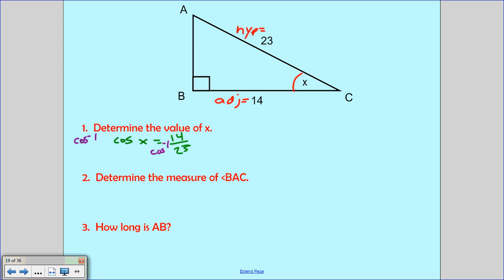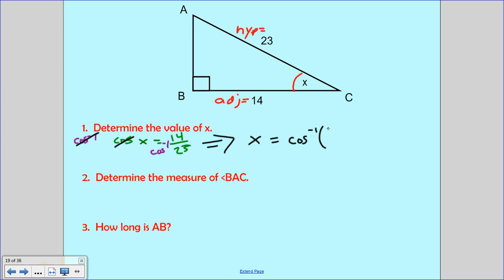You'll learn a little more about that in algebra. So the cosine inverse cancels out cosine, leaving you only with x on the left side. And then now you have cosine inverse added to the right side.